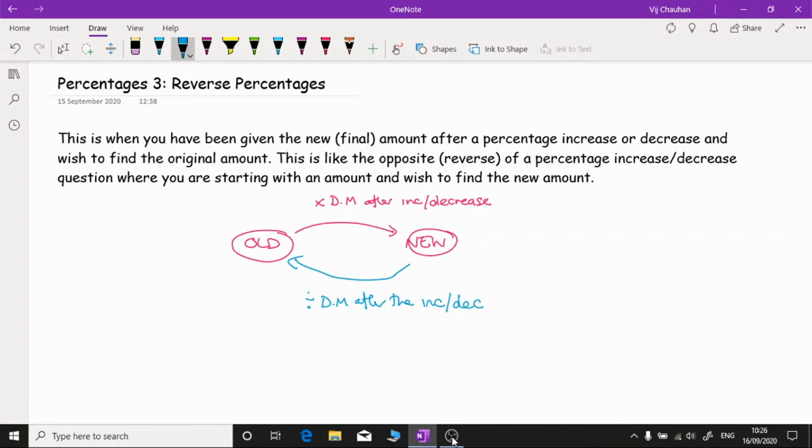Now the important thing to remember is that this decimal multiplier is the exact same as this decimal multiplier. The actual decimal number does not change. The only thing that changes is that to go from old to new you multiply, and to go from new to old you divide. So hopefully that makes a little bit of sense.